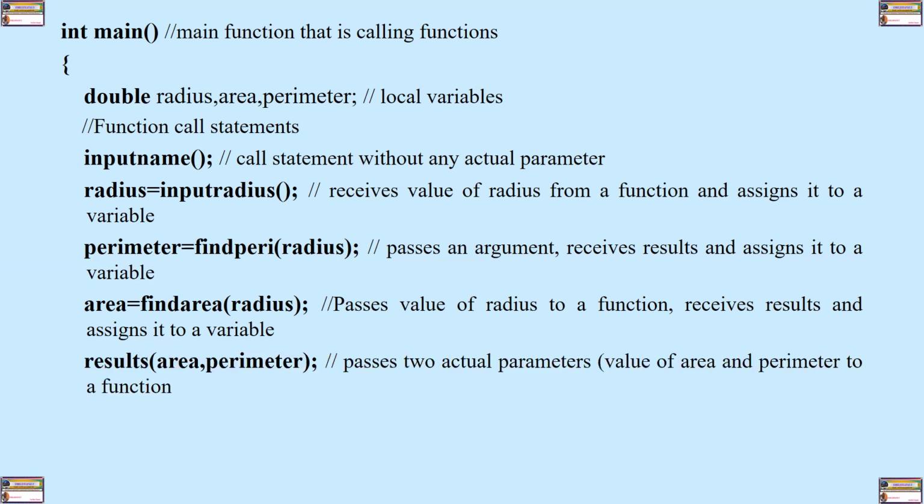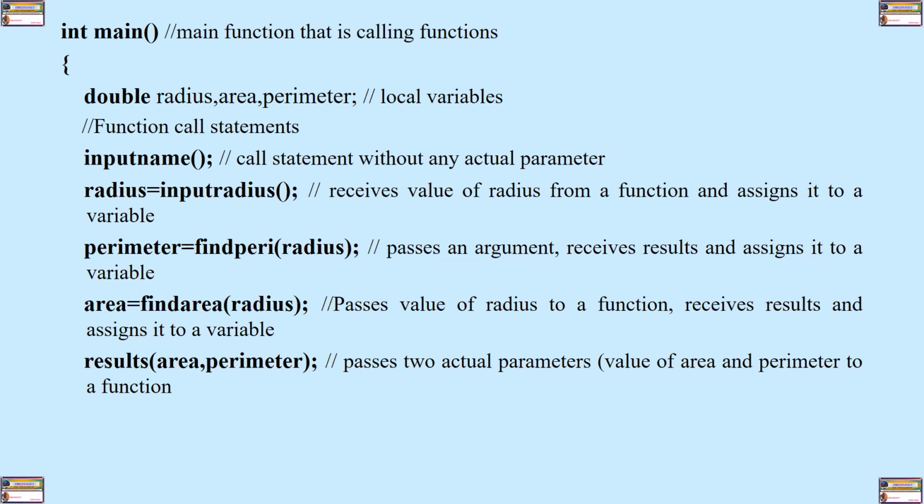After the function is done, the value is returned, and that value is assigned to the memory location called area. Then this call statement is picking the value of the memory location called area and the value in the memory location called perimeter. And this statement is passing the two values to the function called results.